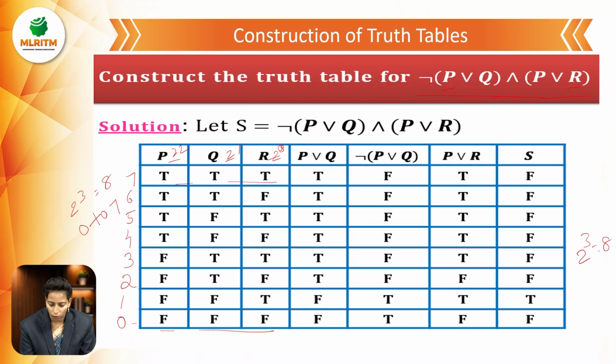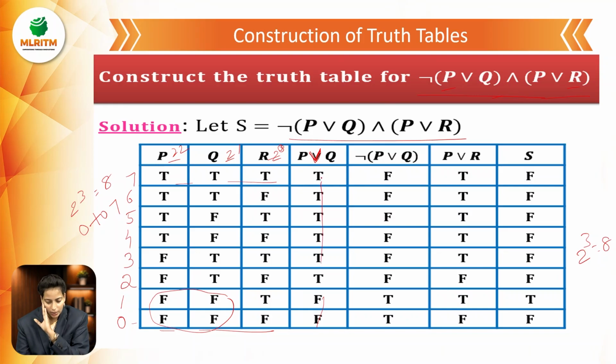Okay. So first we solve P or Q. This is the disjunction symbol, right? The disjunction truth table says if both are false, then the result is false. Observe P and Q. In this case, both are false, result is false. Otherwise, all are true.